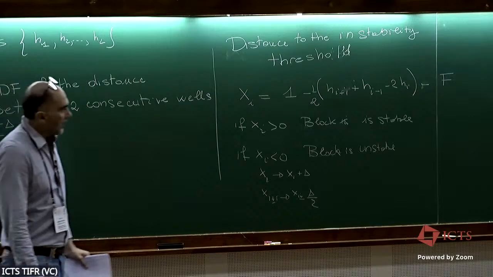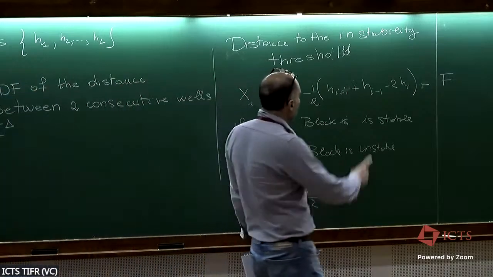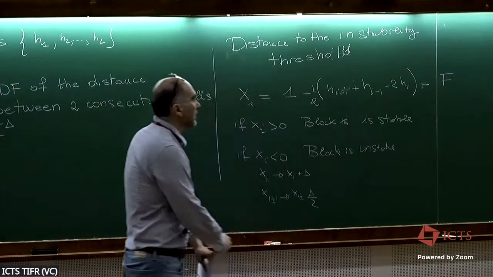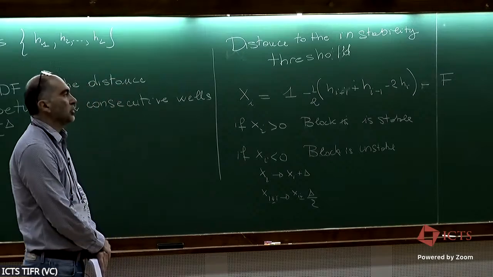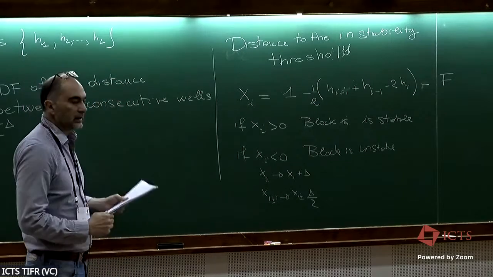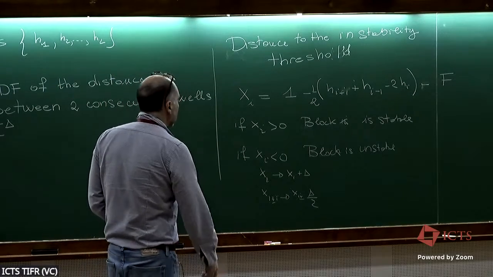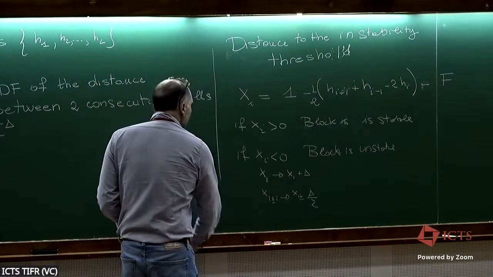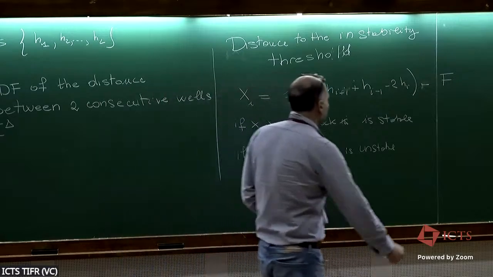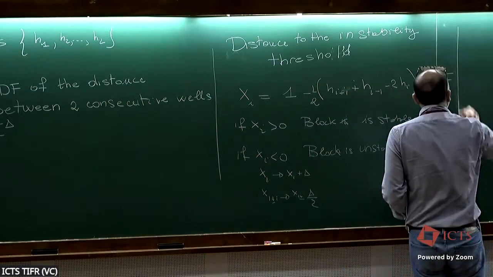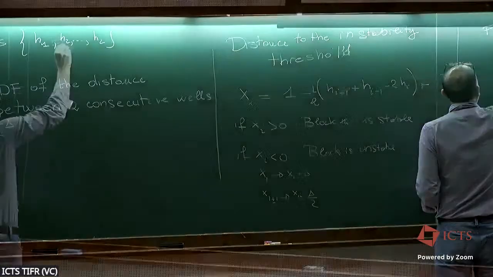Then we said, okay, instead of studying this model, which is one dimension with short range, with the Laplacian, we study a model which is different. Let me write it here. It is the fully connected model.